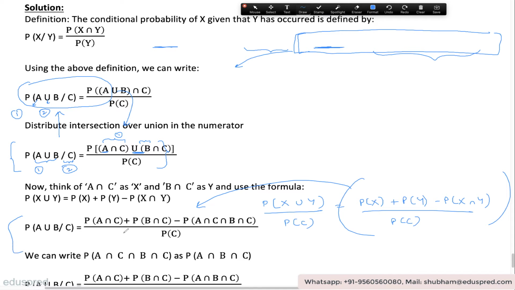In this particular step, I have actually put the values of X and Y. So the first expression that we have in the numerator is probability of X. So X is actually A intersection C. So it becomes probability of A intersection C plus probability of Y. So it becomes probability of B intersection C minus probability of X intersection Y. So this portion is X and then you have intersection and then this portion is Y. Now take a look at the third term that we have in the numerator. It is A intersection C intersection B intersection C. Well, this can just be written as A intersection B intersection C.